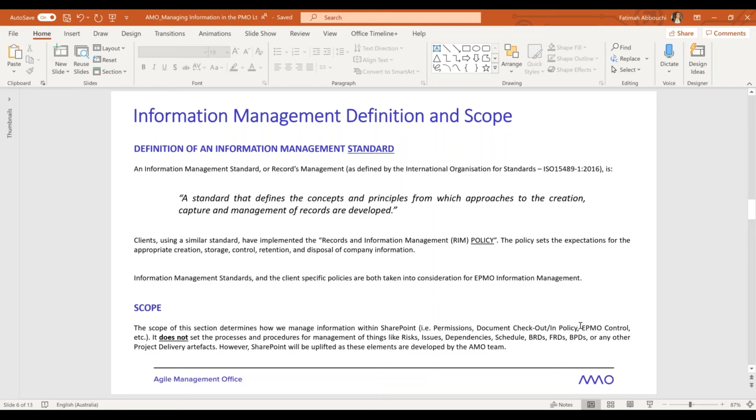So as part of the information management definition and scope for our client, one of the things that we did call out is that there are information management criteria that need to apply to other things, not just documents, such as risks and issues and project schedules and business requirement documents and so forth.